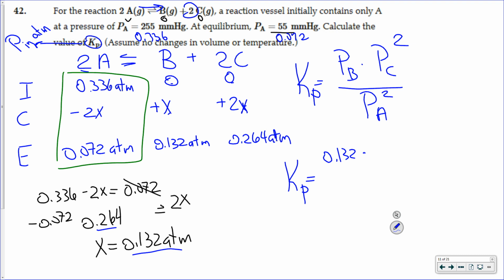Partial pressure of C is 0.264, and we've got to square that one. Divided by the partial pressure of A, 0.072, and this one was squared.